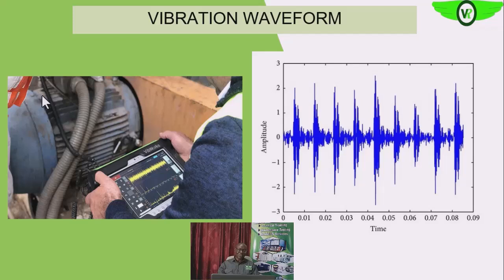Okay, so if it is the handheld vibration meter that you are using, it will give you the overall vibration level. So the only thing it can do for you, as we stated earlier, is just to help you to know when the vibration is increasing.